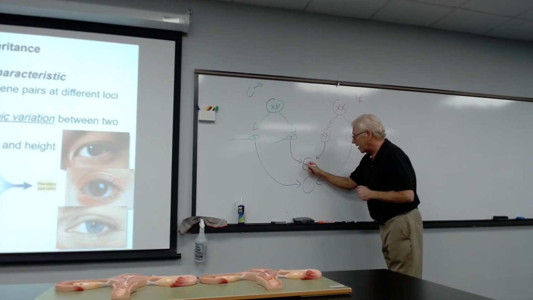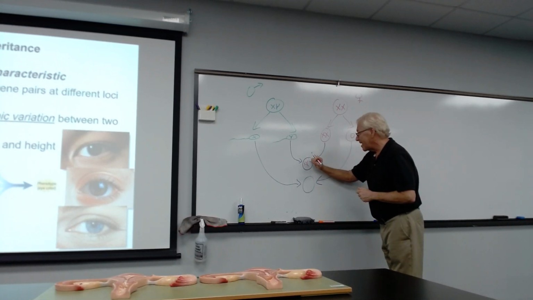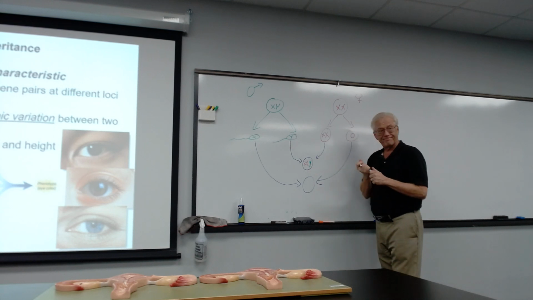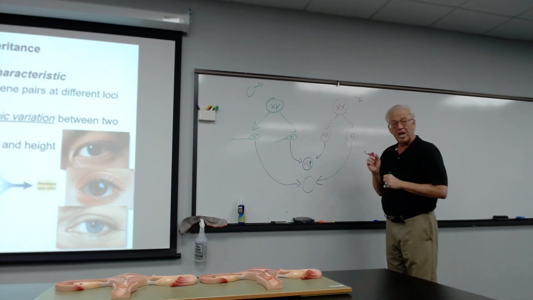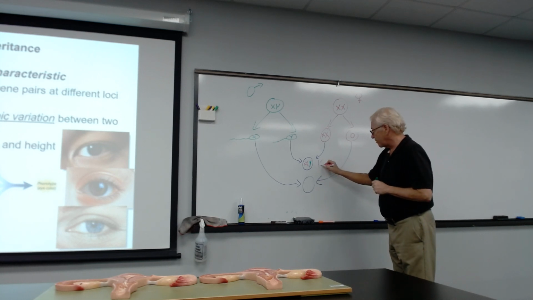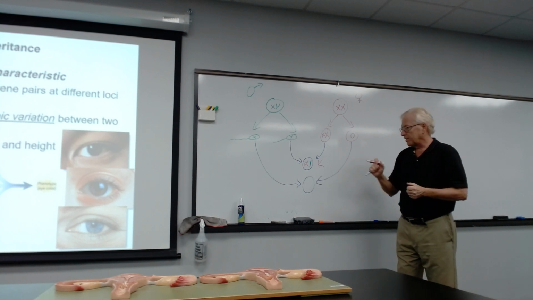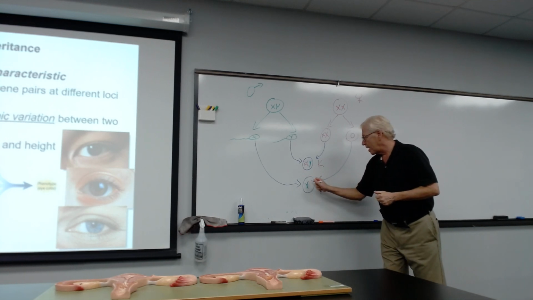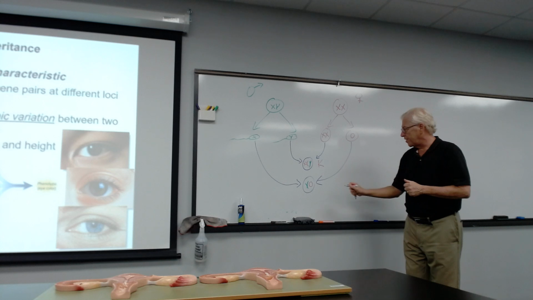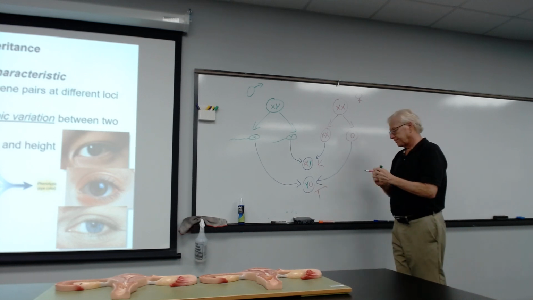You're going to have two X's and dad's Y. And this is called Klinefelter syndrome. Okay? This is Klinefelter. What's going to happen to this baby? 1X. Yeah, it's 1X and nothing. This is called Turner syndrome. Okay?